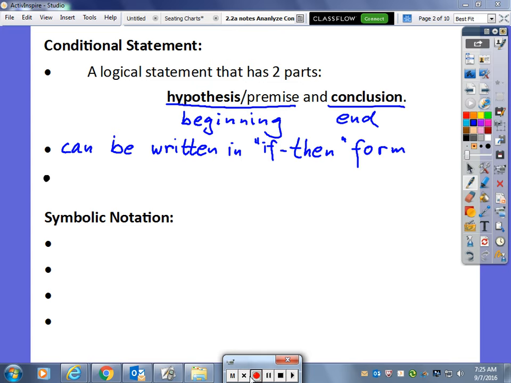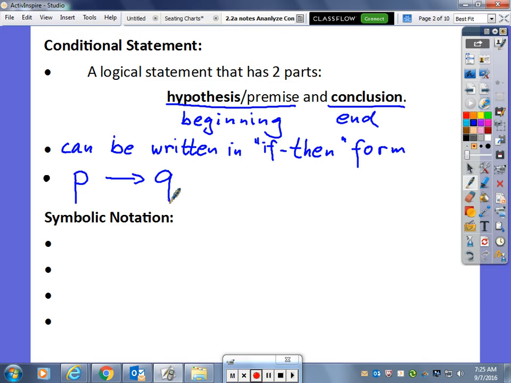We can use symbolic notation to write a conditional statement, and usually we use the letters of the alphabet, for example P, followed by an arrow, and then another letter.